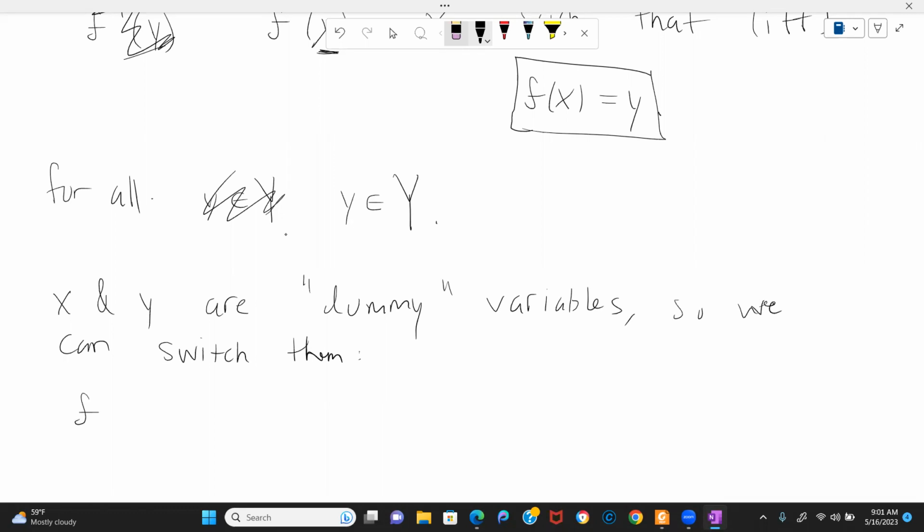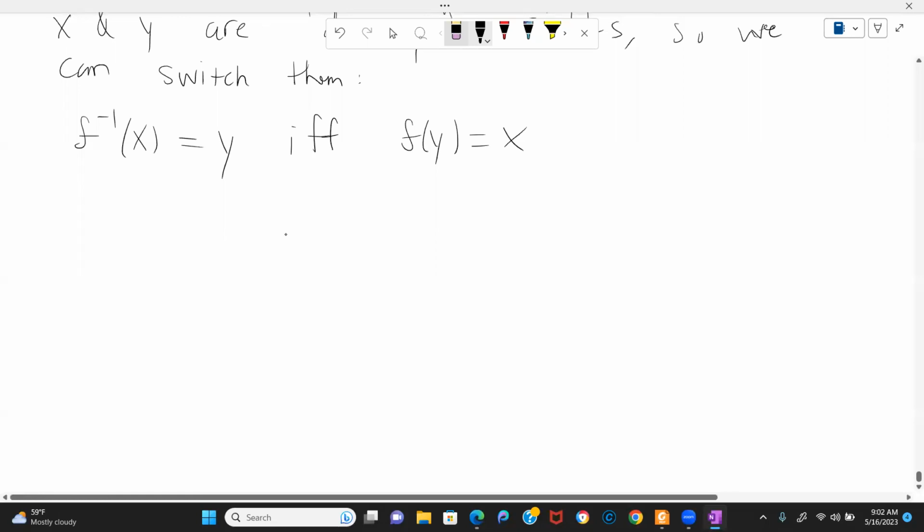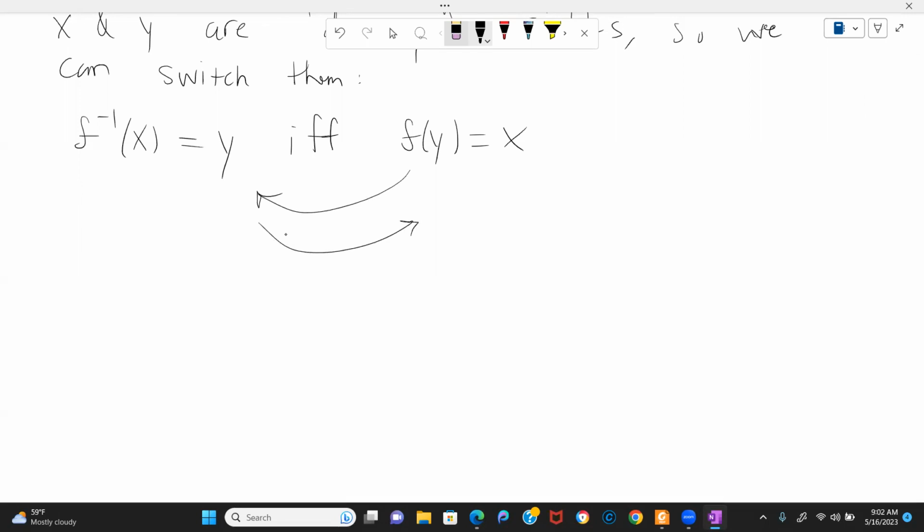And we can write the definition as follows: f inverse of x is equal to y if and only if f of y is equal to x. And it's the same idea. If you plug these into each other, you're going to get these two equations. So f inverse of x is equal to y, but this x is also given as that. So this says that f inverse of f of y is equal to y.